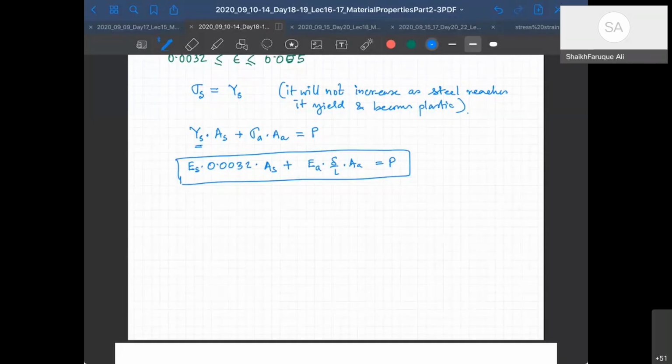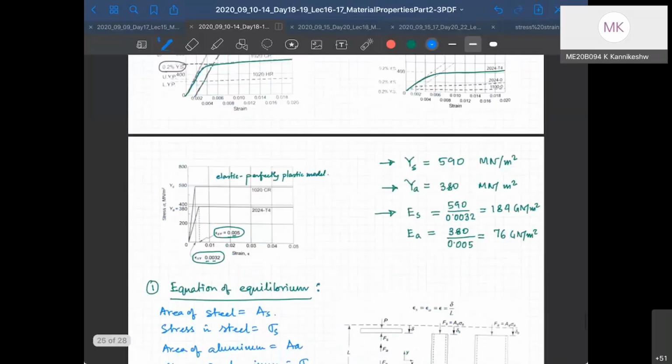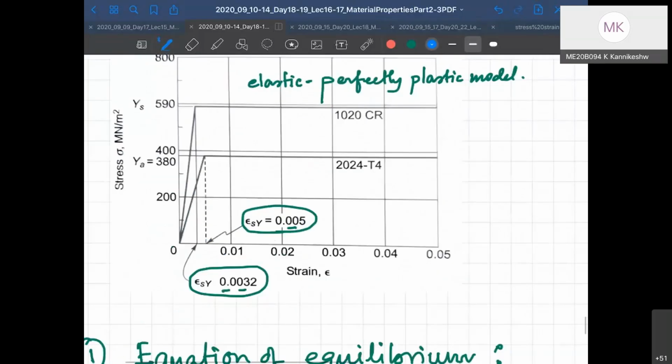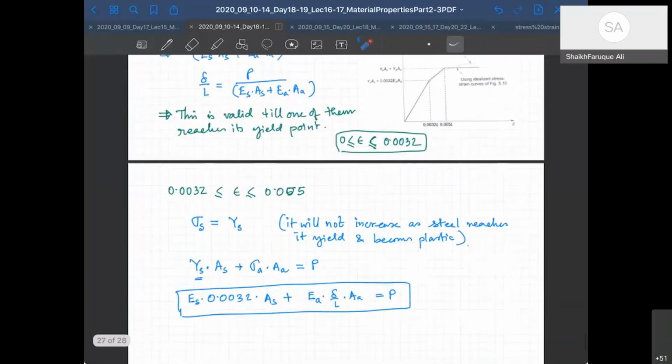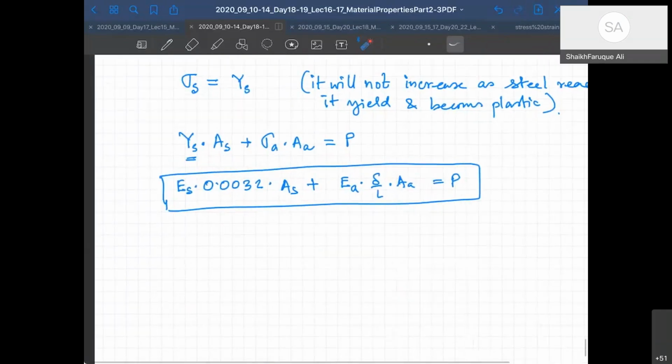So if you see this diagram, that is why this diagram is important. It will still deform, right? It will continue to deform, but its stress will be here. It will not go up. So while you calculate load, your load remains here as fixed, YS into AS. This is not changing, but the load carrying capacity here is still changing.